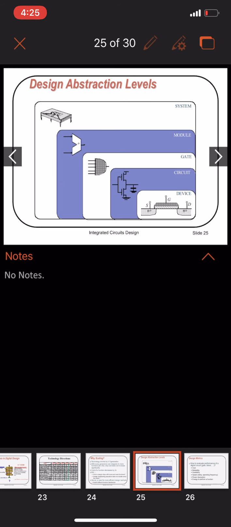Inside your system level design, you have many modules, and inside every module you have logic gates. Inside the logic gates you have logic circuits, and inside the logic circuits you have the device level fabrication. So this is the design abstraction level in integrated circuit design.